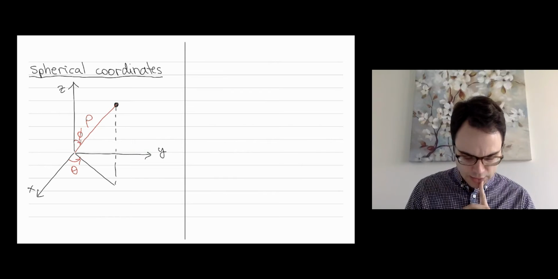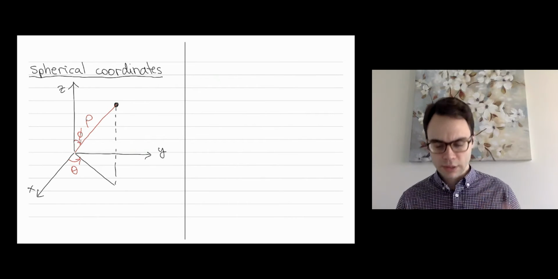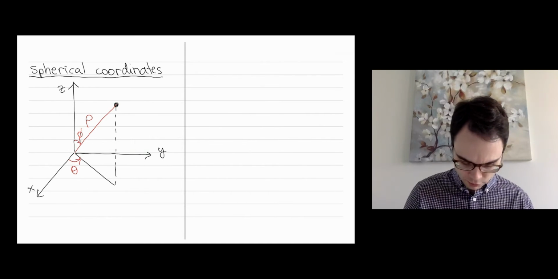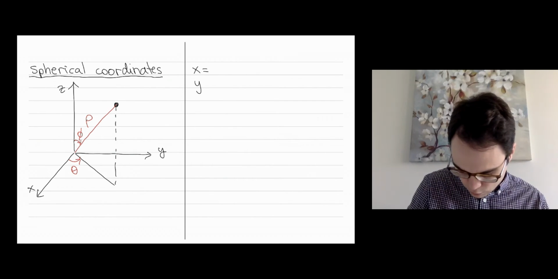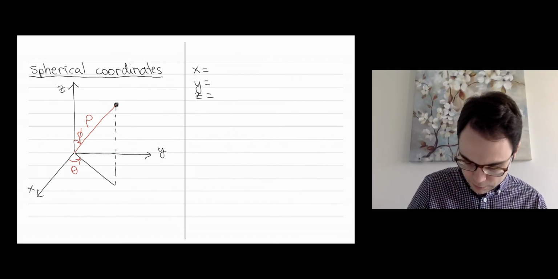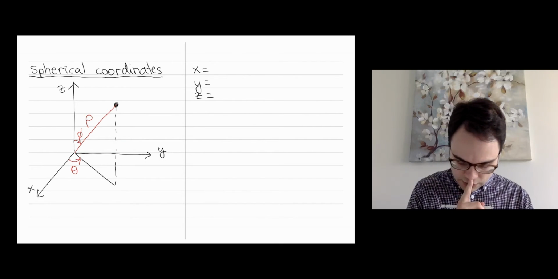Let me now relate these new coordinates. Let me write the old coordinates in terms of the new. Let's express x, y, and z in terms of rho, phi, and theta. The easiest here is z.